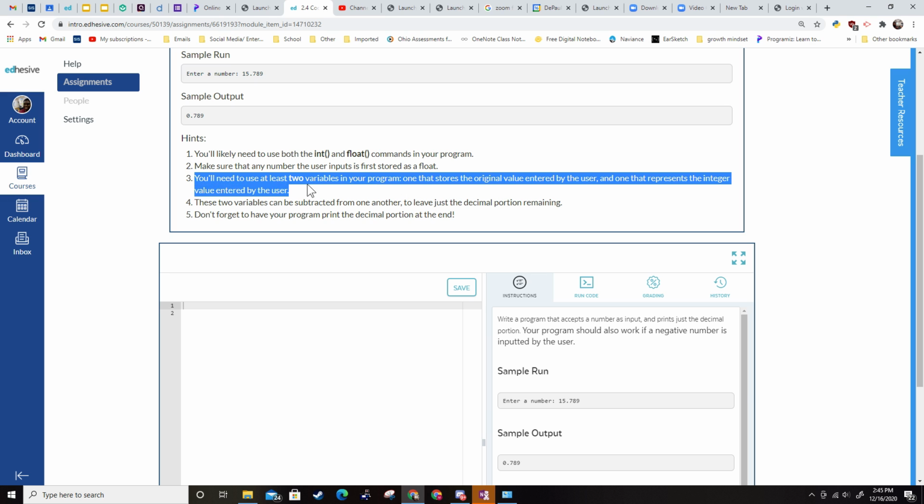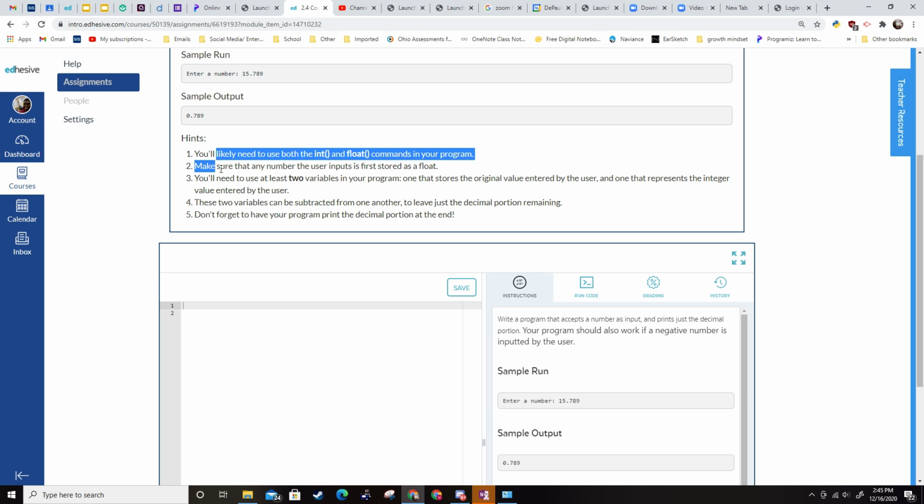You need to use at least two variables in your program: one that stores the original value by the user and one that represents the integer command. So far these first three hints have given you a lot of information. They're telling you to use both the integer and float, and they're telling you where these go. The first variable is for this input, and this is going to involve the float command.